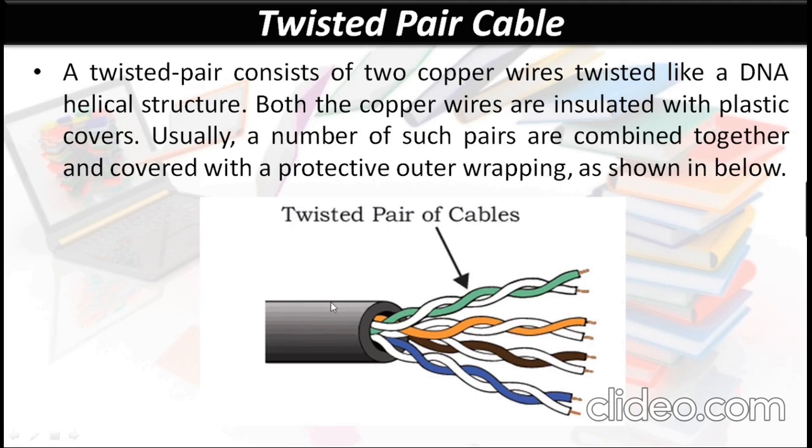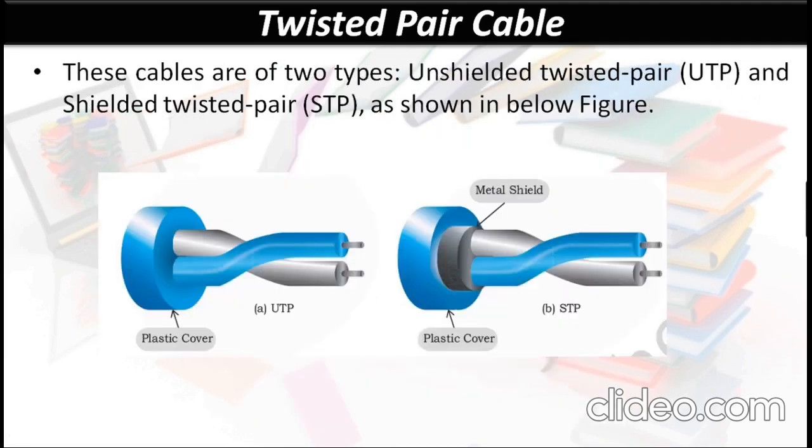In twisted pair there are two classes of twisted pair cables we can have: unshielded twisted pair cable, that is UTP, and shielded twisted pair cable, that is STP. You can see the only difference between UTP and STP is this metal shield.